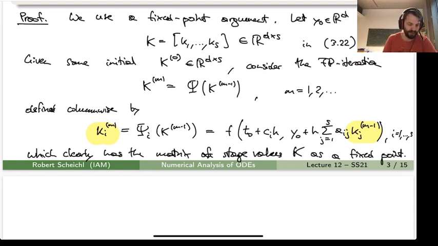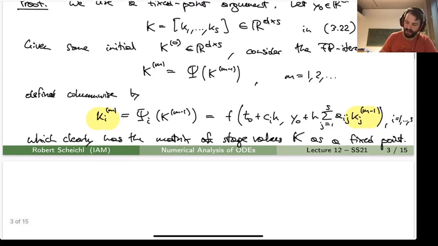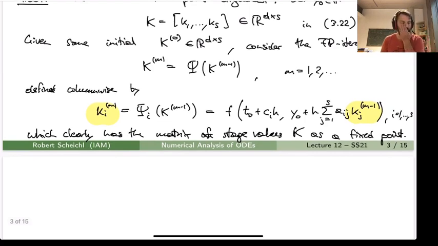So now we need to check the usual conditions for the fixed point argument, namely whether psi is a contraction, because then we can argue that there is a unique fixed point in a certain ball.